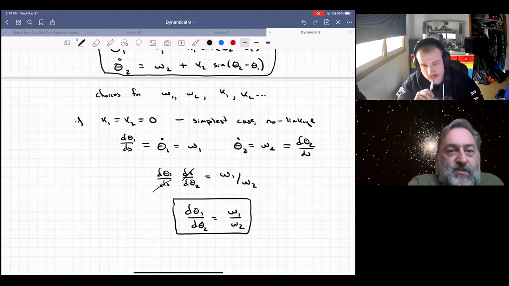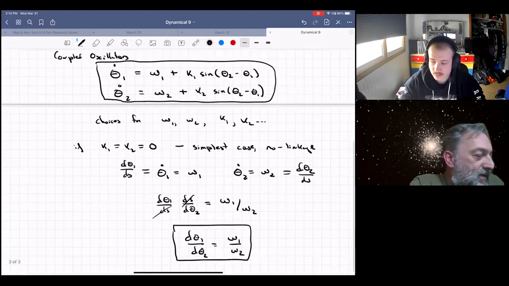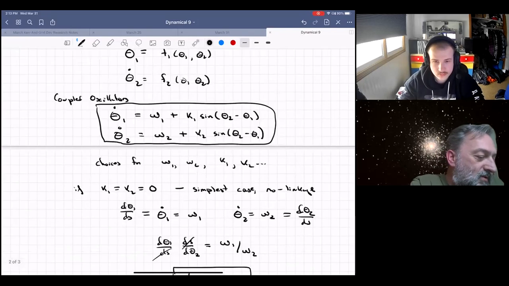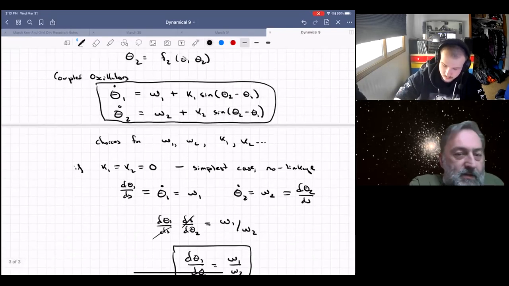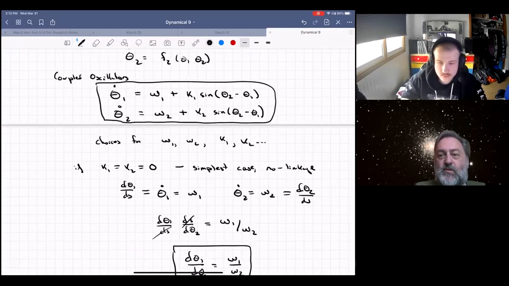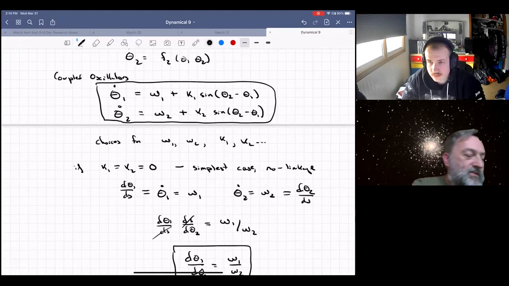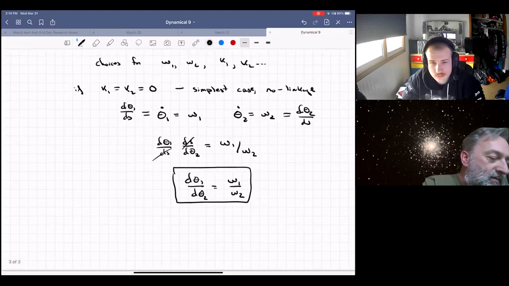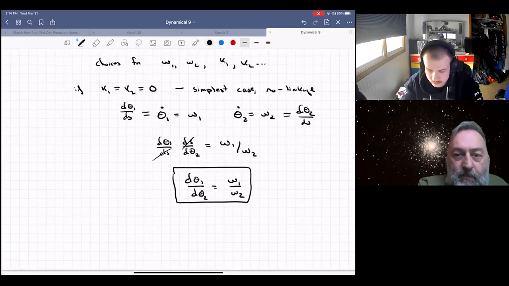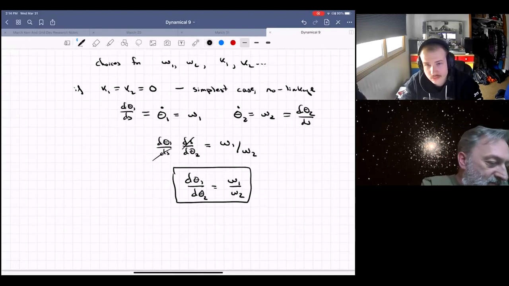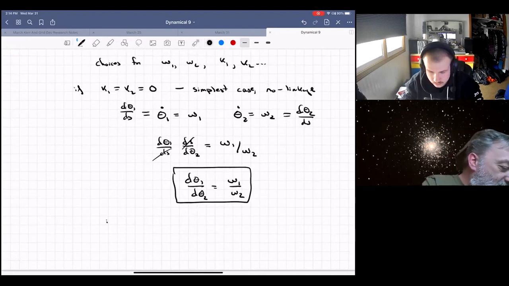Okay, so these are just two things that are oscillating. So basically we're looking at theta 1 with rate omega 1 and theta 2 with rate omega 2. So this way it's oscillating and this way it's oscillating, and they're not necessarily related to each other. Now, even in this case, there's interesting mathematics.